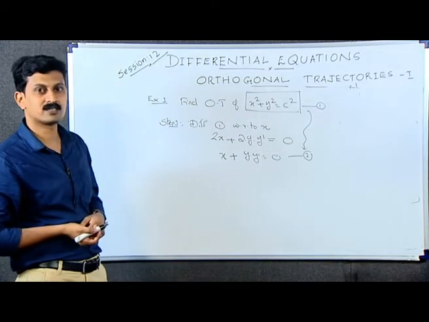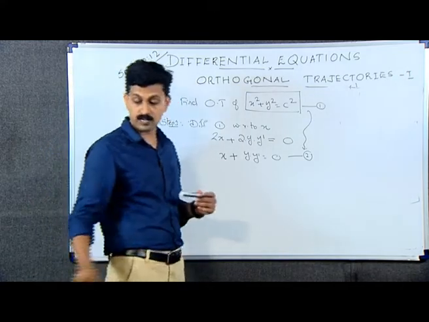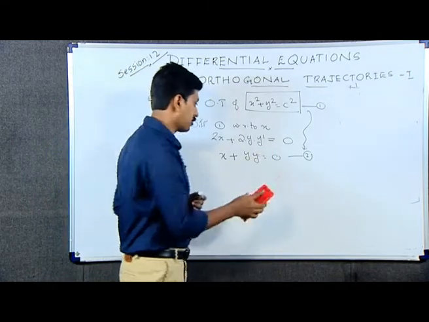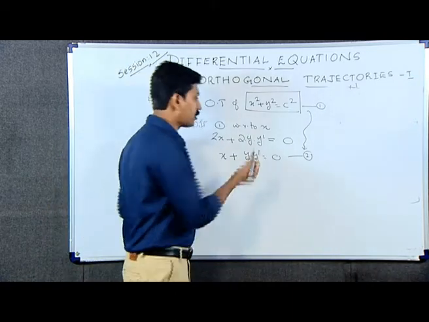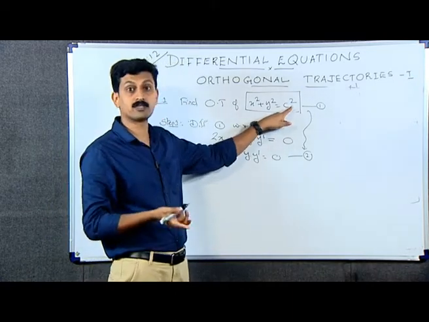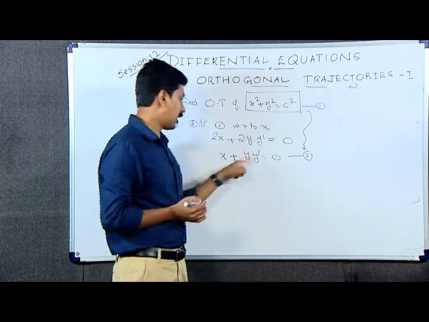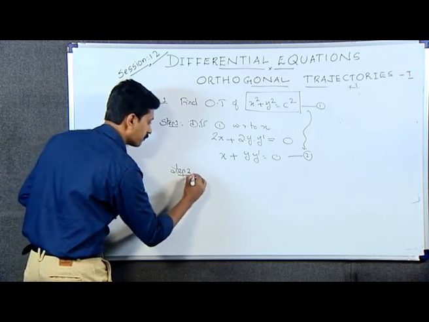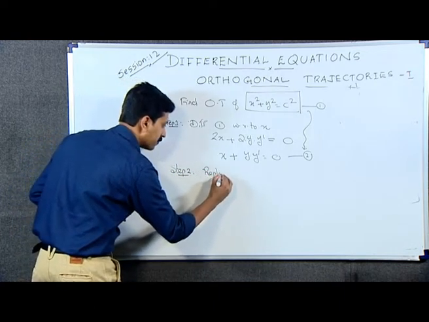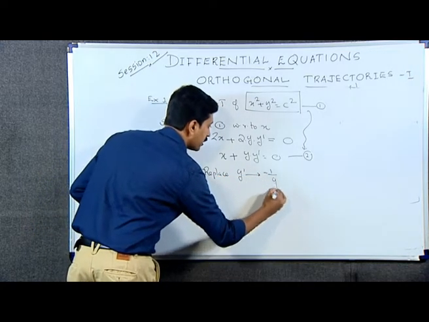Now, this is a differential equation corresponding to equation 1. Actually, we need to find a differential equation corresponding to the family of curves which is orthogonal to equation 1. So, I am coming to step 2. In step 2 we will replace y dash by minus 1 by y dash.